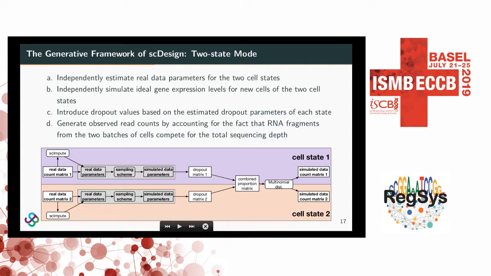This is a simple summary, which basically means that we will use our previous one-state approach to simulate the dropout matrix, which is obtained after combining the ideal gene expression matrix with dropout indicators. After we obtain those 2 matrices, we will combine them into a proportion matrix and then use a multinomial distribution to simultaneously generate 2 count matrices. So the key idea is that in this multinomial distribution step, we are able to allow those two cell states to compete with each other for the total sequencing depth.